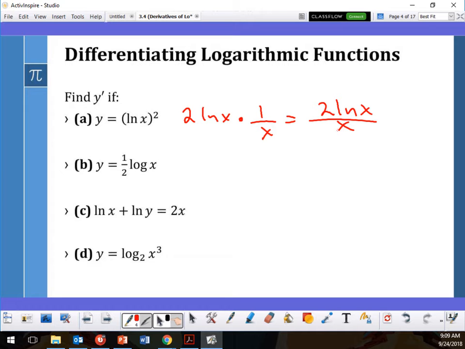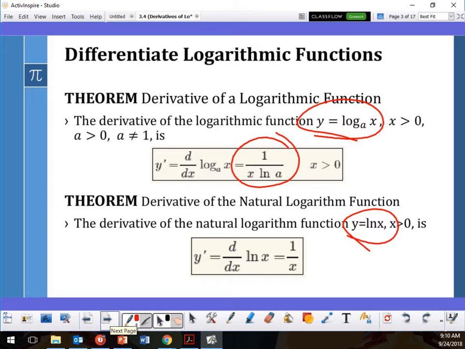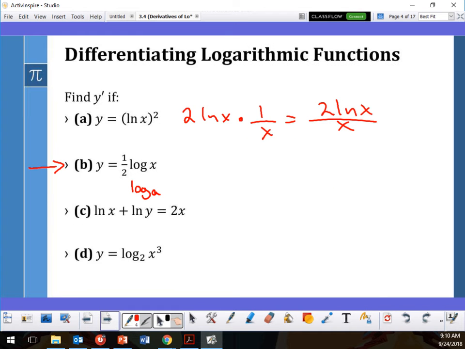So, what's the base of this? If it's just log, what's that base? 10, right? So if I go back a couple things, it's log base a of x, like this. In this case, a is 10.